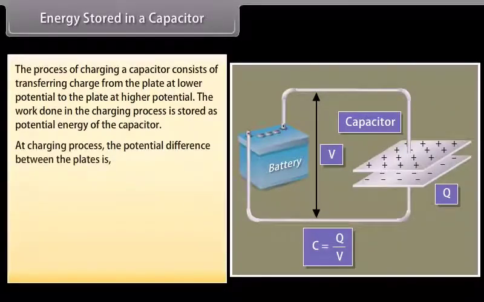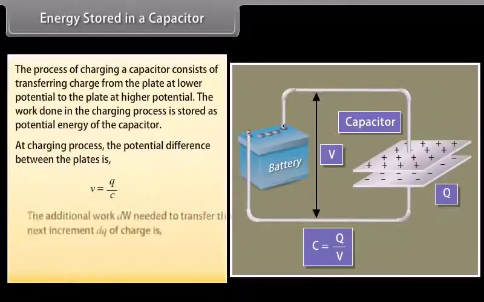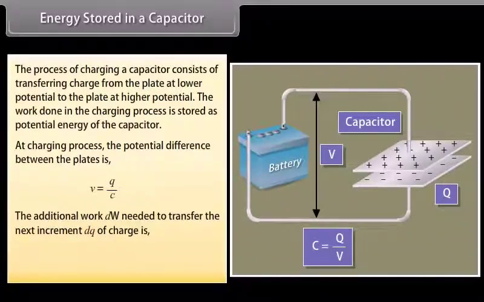During the charging process, the potential difference between the plates is V is equal to Q by C. The additional work dW needed to transfer the next increment dQ of charge is given by dW is equal to V dQ, which is equal to Q by C into dQ.